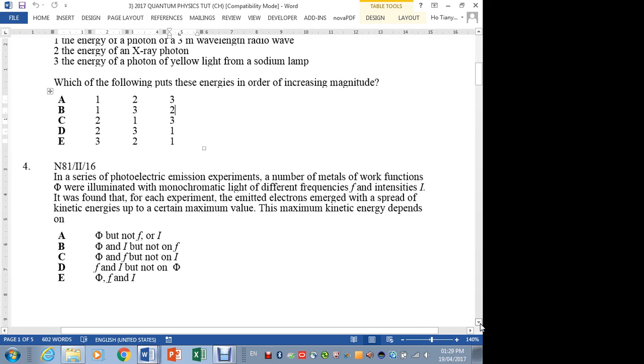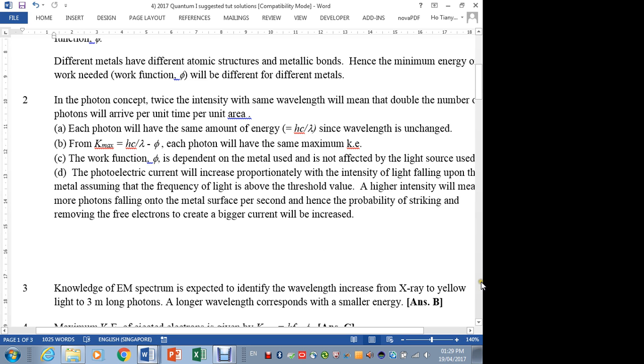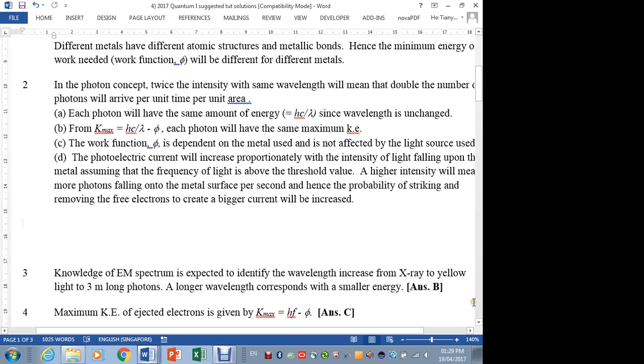Number 4. Okay, you all want to see the answer to number 3? Okay, all like that. E equals hf only.